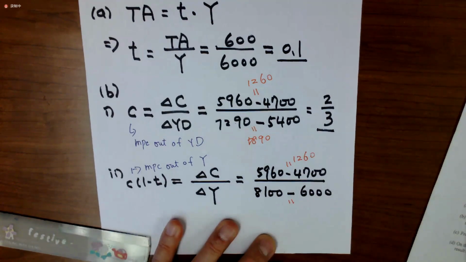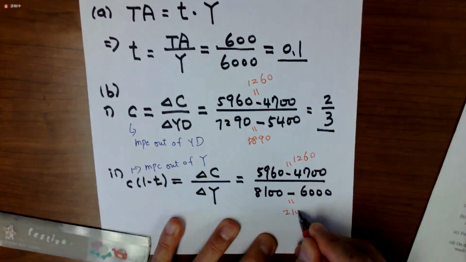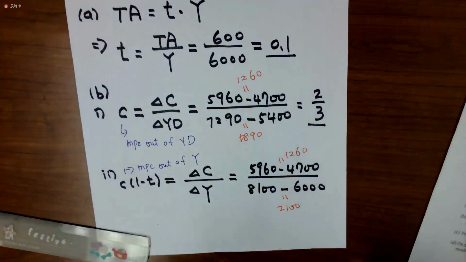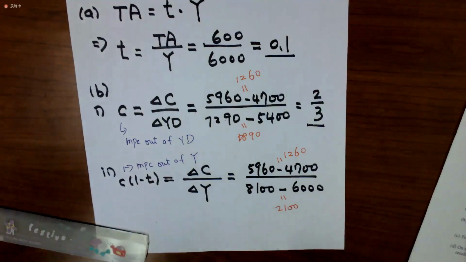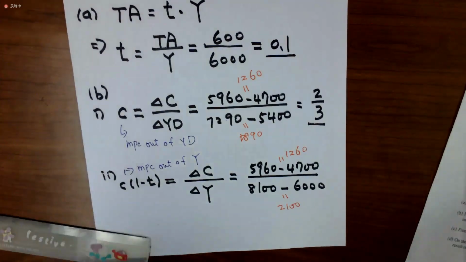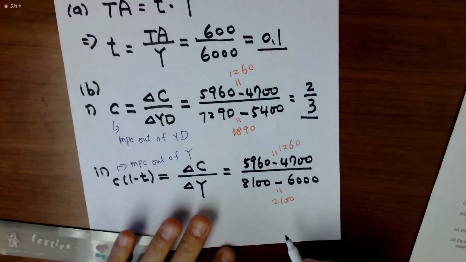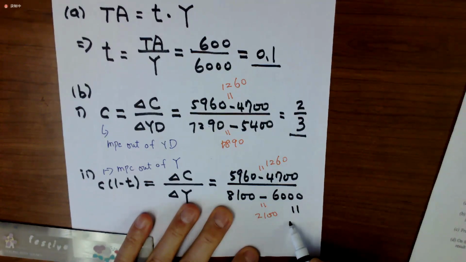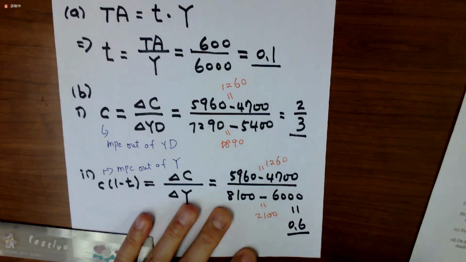The bottom now is equal to 2100. So you do 1260 divided by 2100. That will give us 0.6. Therefore the answer here will be 0.6.